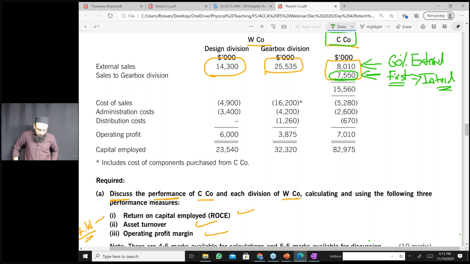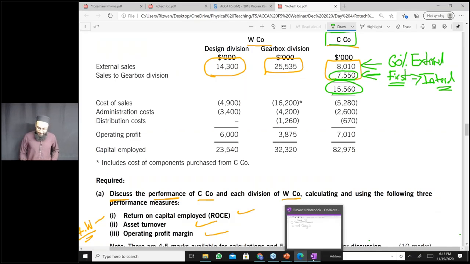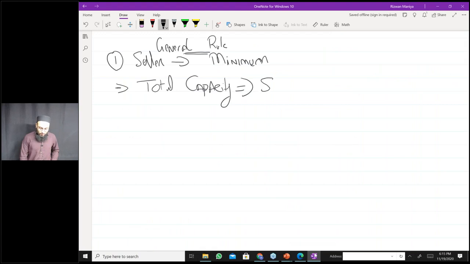Now, this means that at its 100% capacity, it is earning a revenue of 15,560. In this question, we don't have number of units. But in the other question that was tested in June 15 MOBCO, there were units given.